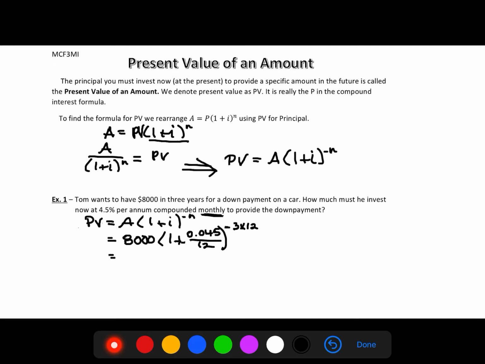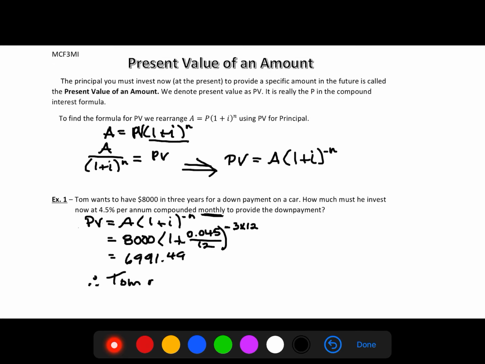So what we're going to do is start by figuring out what our decimal is. So 0.045 divided by 12. Then we're going to add 1. So that gives us our answer for the brackets. Now we're going to do to the power of negative 36. And sometimes you're going to have to put in 36 and then your negative button to change that exponent to a negative.